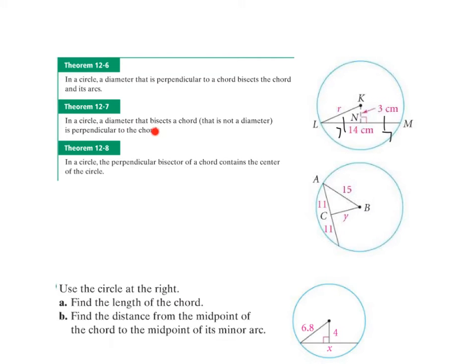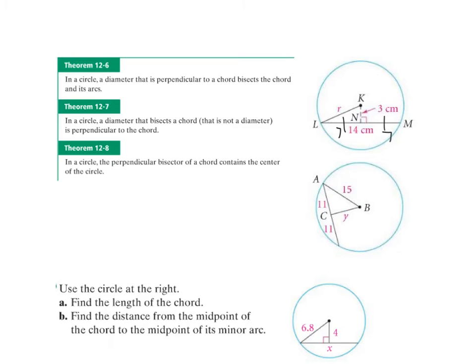In a circle, a diameter that bisects a chord is perpendicular to the chord. So if we know that these two are equal, it's like the converse of it, then this has to be a 90. And then in a circle, the perpendicular bisector contains the center of the circle. So this segment is the perpendicular bisector, and it's going to go through the center.